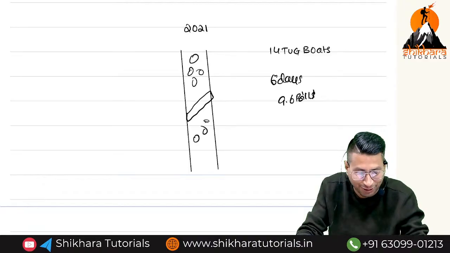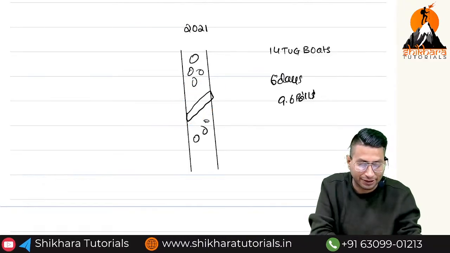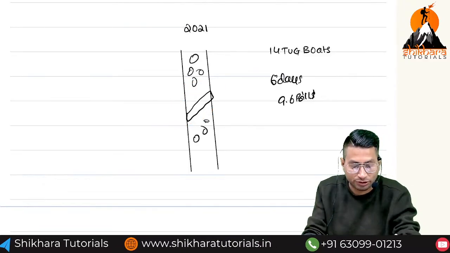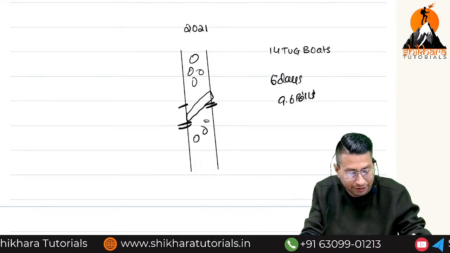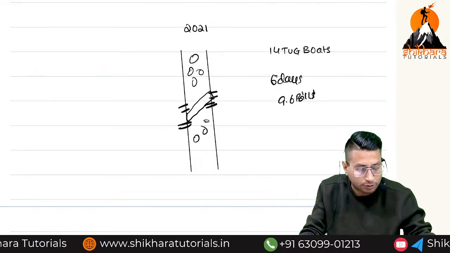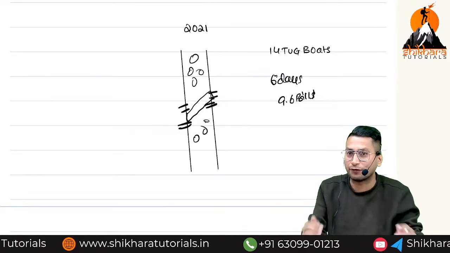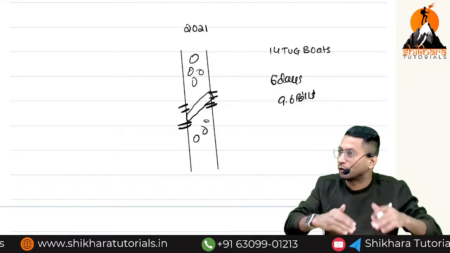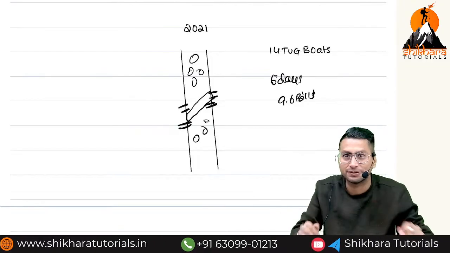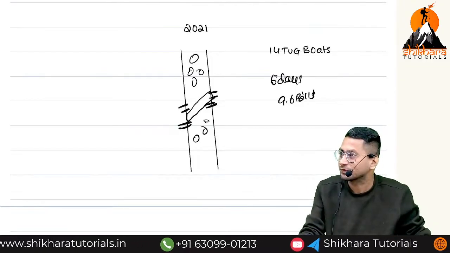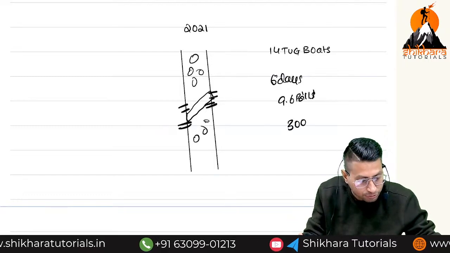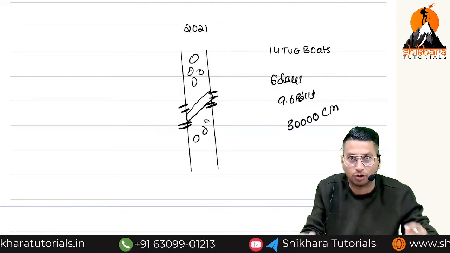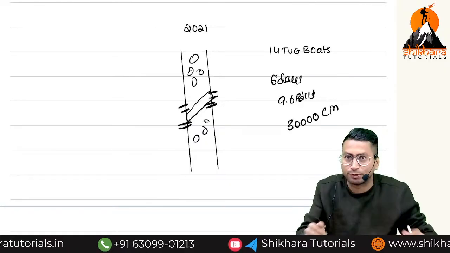Now imagine 14 tugboats they used, and there is mud nearby along the entire sides of the ship, right? How much mud should we remove? If I remove less mud, then the ship will not move. If I remove excess mud, the ship may sink. Then 30,000 cubic meters of mud was removed.